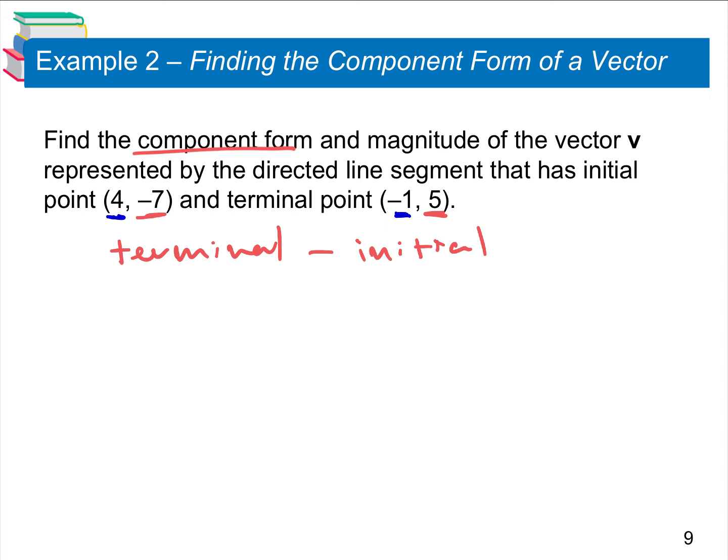So first, our terminal point would be -1 minus initial. So the x in our initial would be 4. So -1 minus 4, which would be -5.